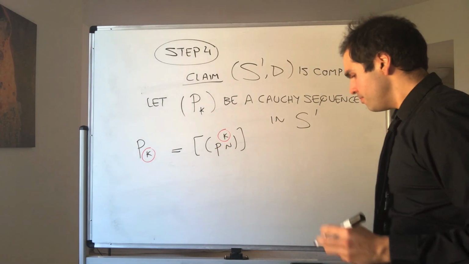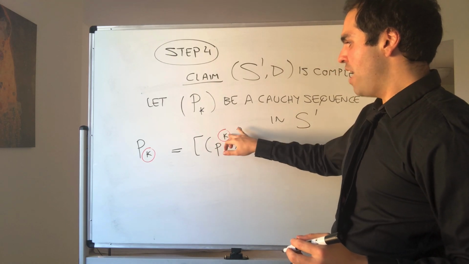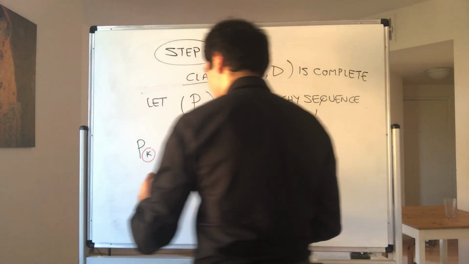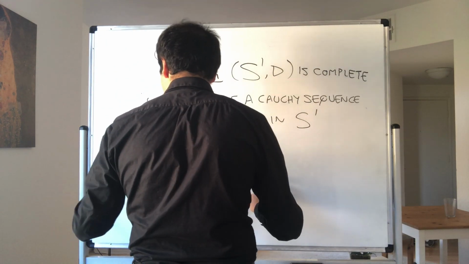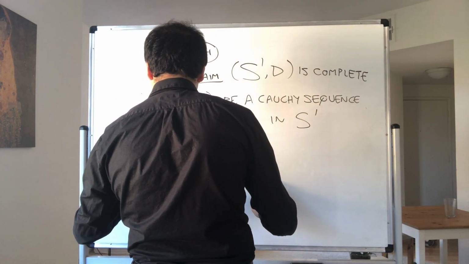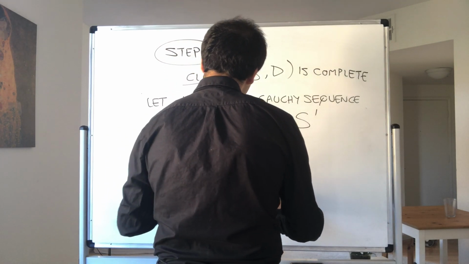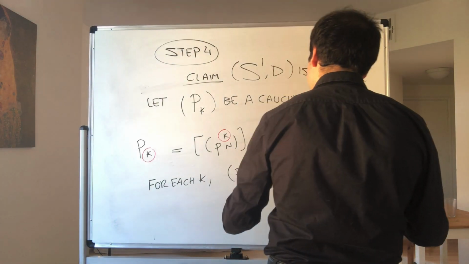For every fixed k, P_kn is a Cauchy sequence, just by definition.